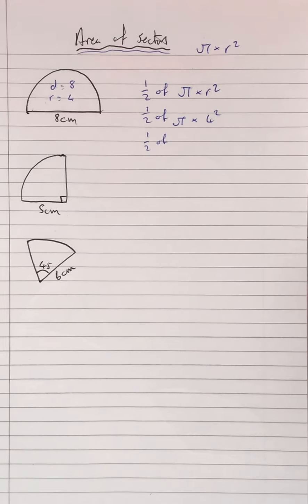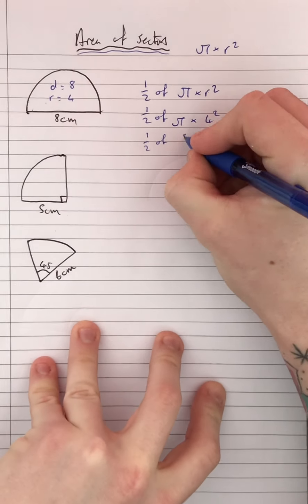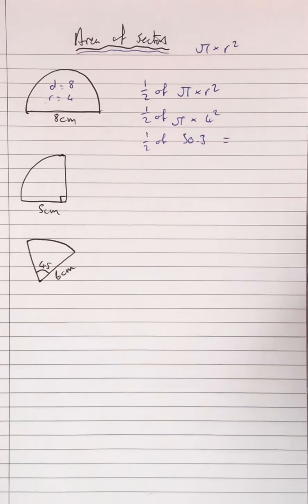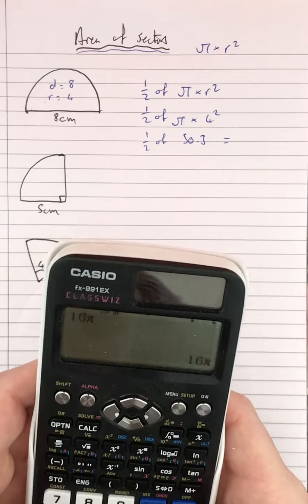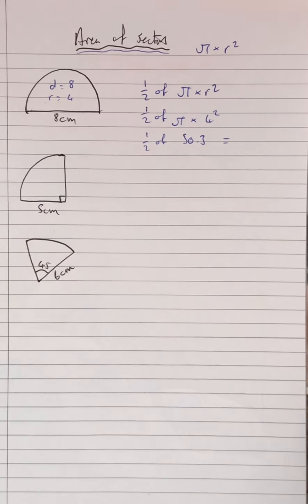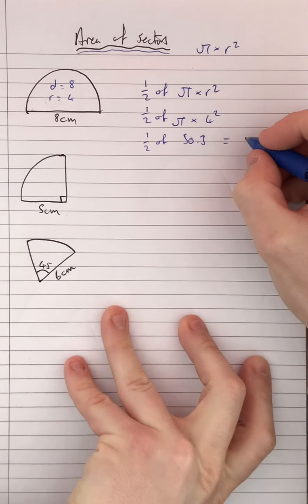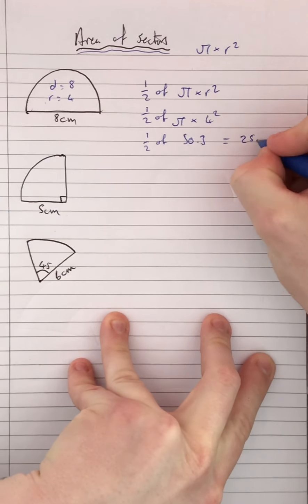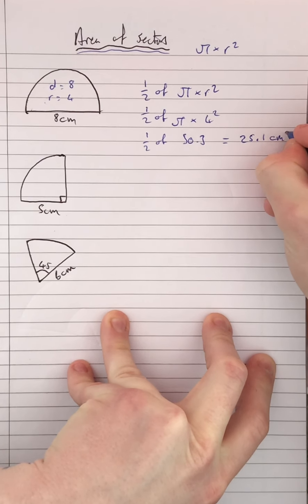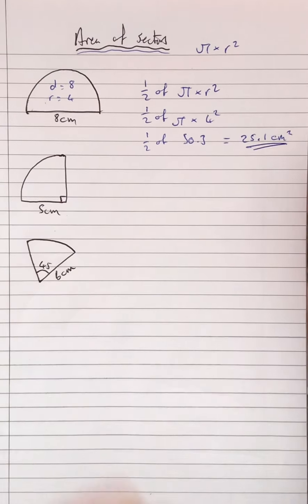And so I get 50.3. And half of 50.3 is 25.1 to 1 decimal place. And it's centimeters squared because it's an area.